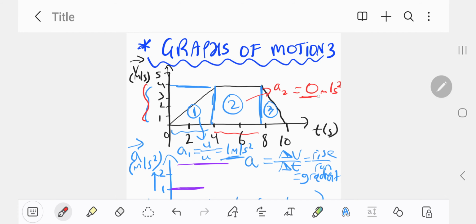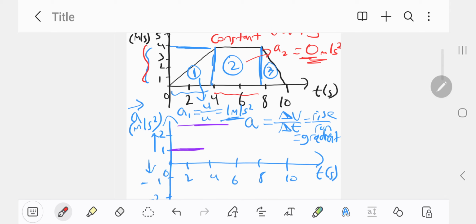It's 0 meters per second squared, because a flat line on a velocity time graph means there's constant velocity. You're moving at constant speed in a particular direction. So there's no slope. The slope is 0. So from 4 to 8 seconds, you drop this line down here to the 0 axis from 4 to 8 seconds. Okay, because it's 0 acceleration.